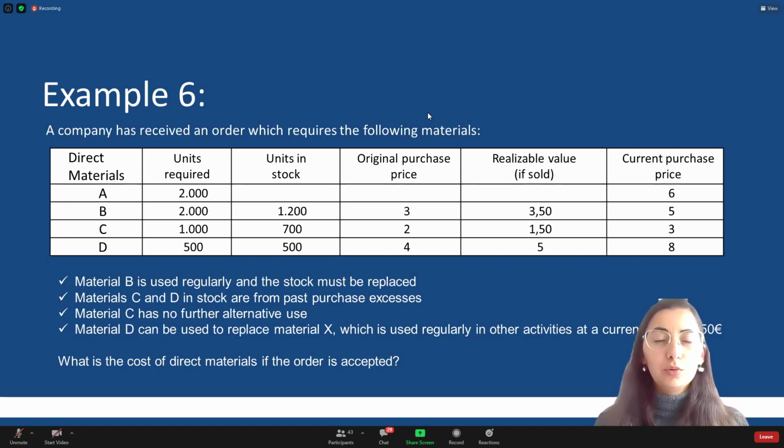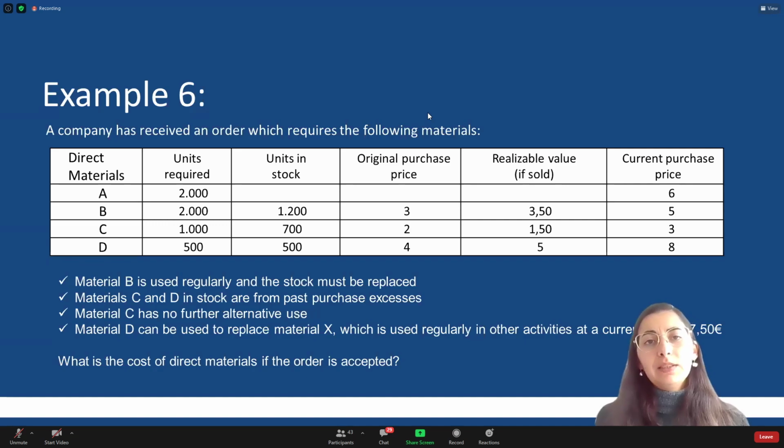In order to make this decision, we will be looking at the resources that we will be using. So this is before the manufacturing. Before the manufacturing process starts, I will make the decision of doing or not this order.